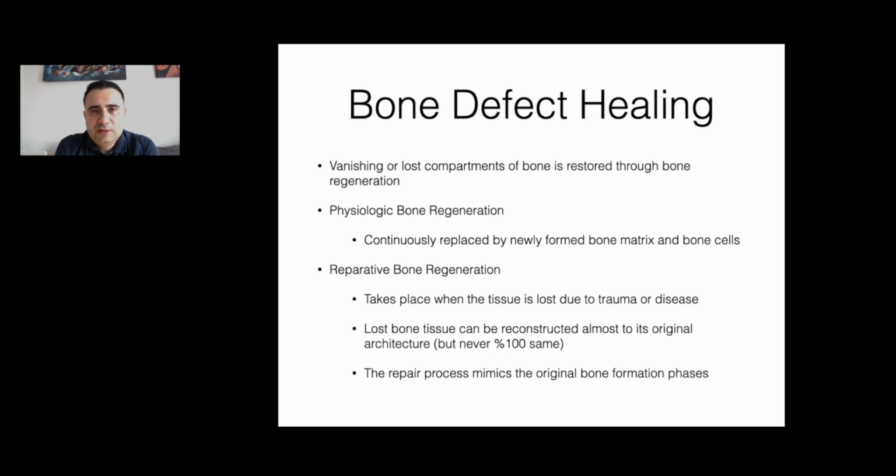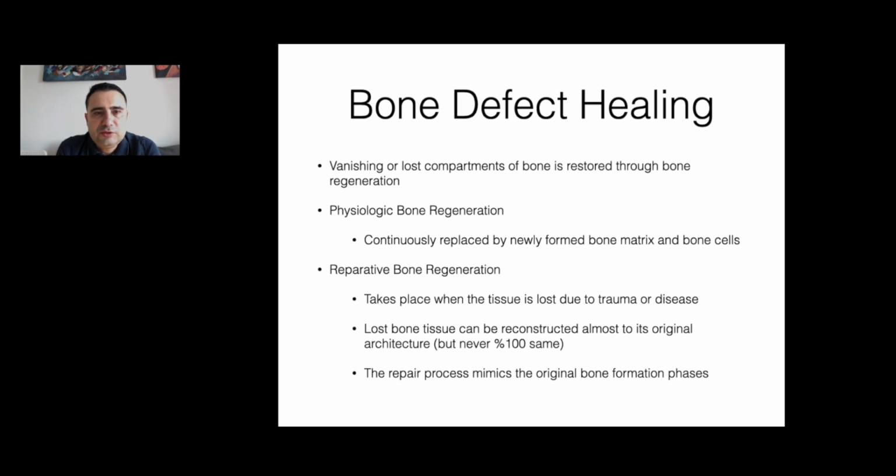These so far were the bone formation types, but we also have bone formation in other circumstances, such as bone defect healing. Bone defects occur due to trauma or resection of bony tissue, or maybe because of other types of etiology, and we have vanishing and lost compartments of bone, and the bone must restore itself through bone regeneration.